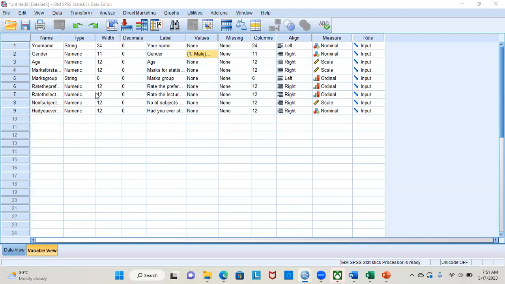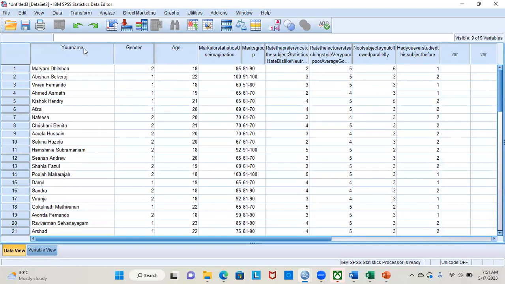Now here, I have taken a database from a Google form. In this data set, this students database, the gender of students is given, and the marks for the statistics subject is given.